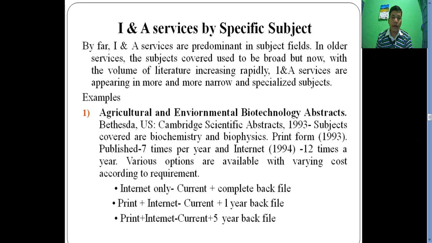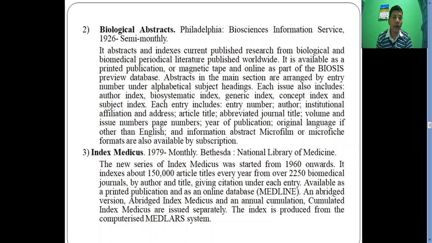Since 1993, subjects covered are biochemistry and biophysics, and it is available as internet only, current plus complete back file, print plus internet, current plus 1 year back file, and print plus internet, current plus 5 year back file formats. Biological Abstracts is published by BioSciences Information Service since 1926, semi-monthly.